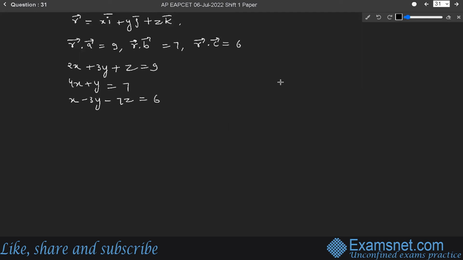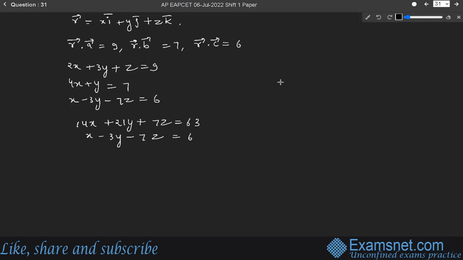So, by multiplying the first equation with 7, it becomes 14x plus 21y plus 7z is equal to 63, and the third equation is x minus 3y minus 7z is equal to 6.